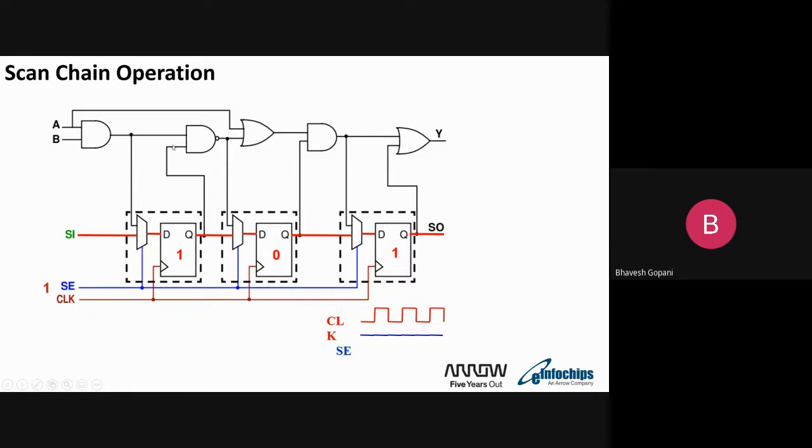By placing this 1 and 0, if I can successfully put 1 and 0 here, this is a very simple example, but sometimes keeping 1 is very difficult. That's why 1 is placed here, and I can put some a and b values here, which I can consider the primary inputs.